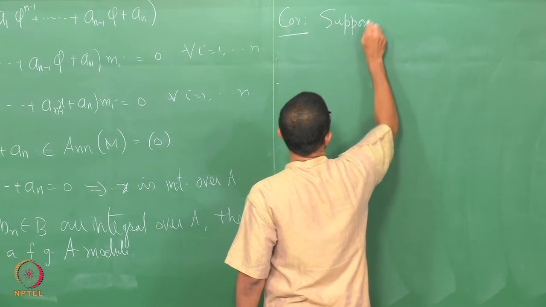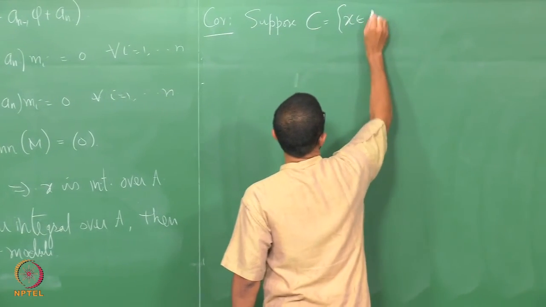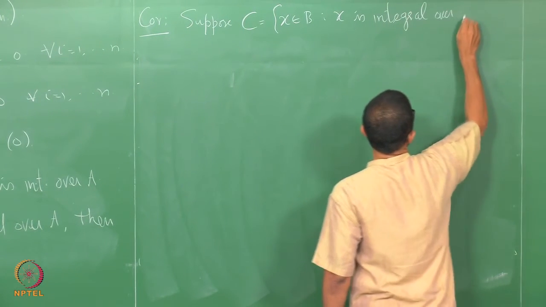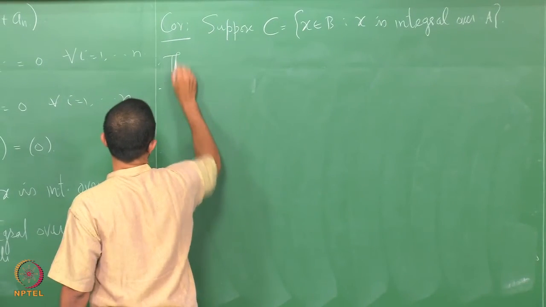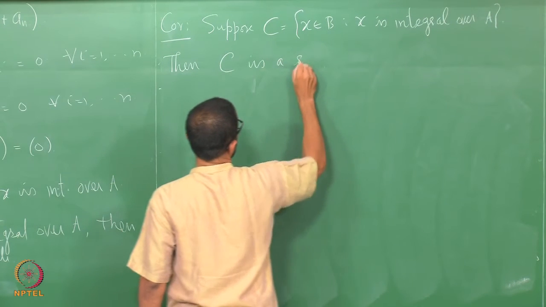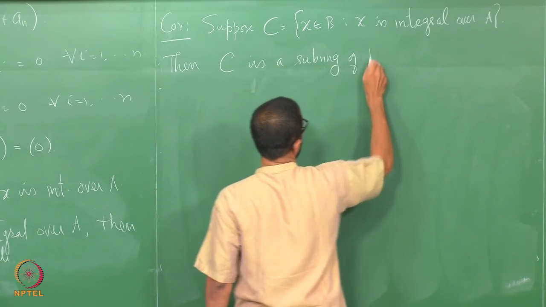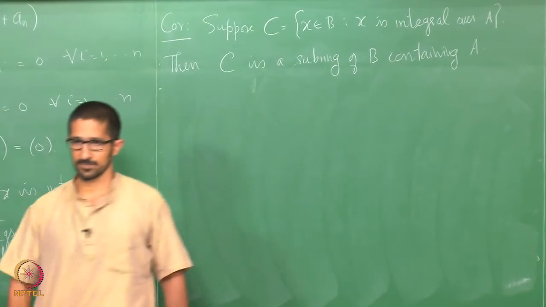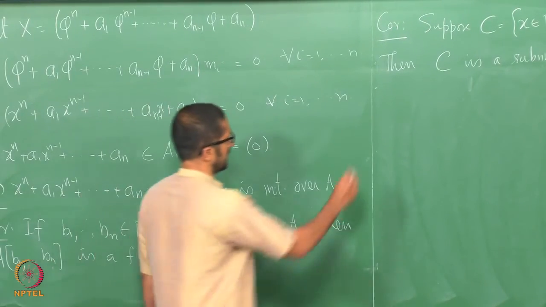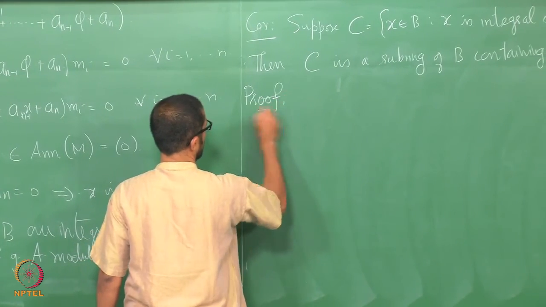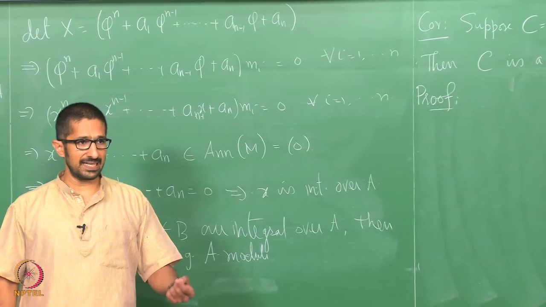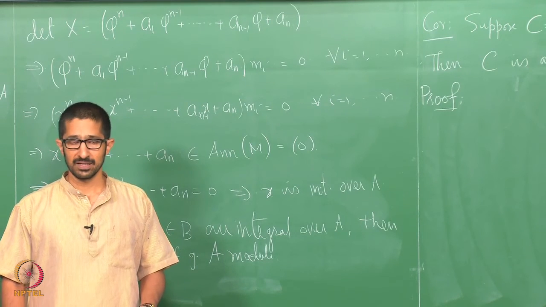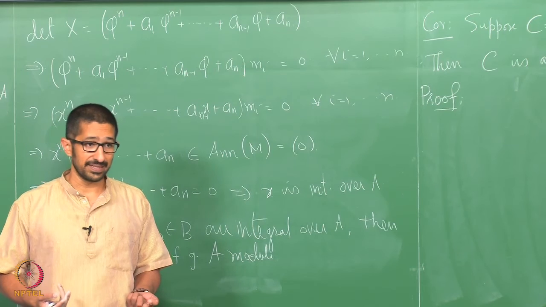Suppose C is the set of all x in B such that x is integral over A, then C is a subring of B containing A. So, here if I know that x is integral over A and y is integral over A, how do I know x plus y is integral over A?